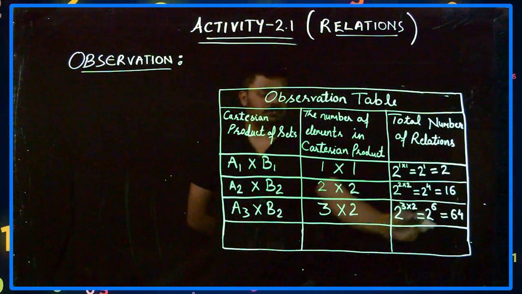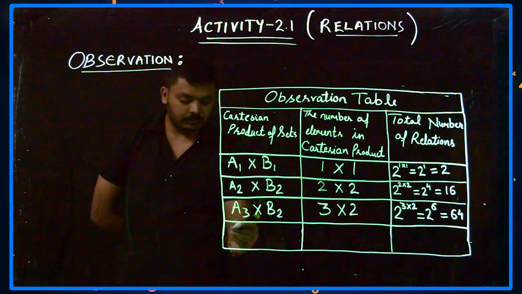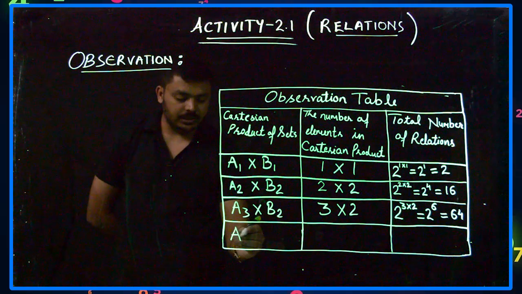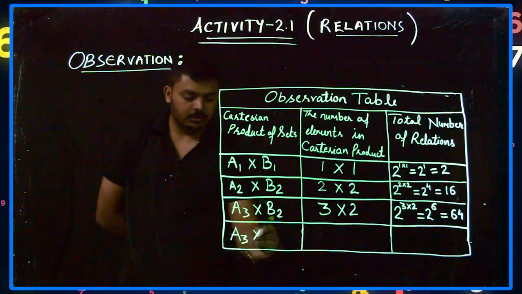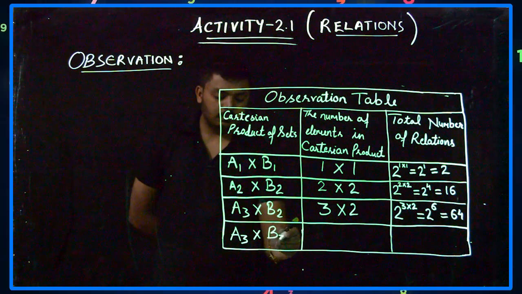So there are 64 relations in A3 into B2. Similarly, the set A3 into the set B3.